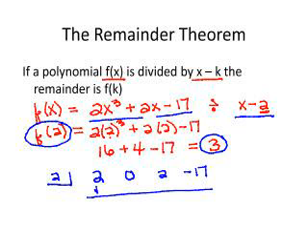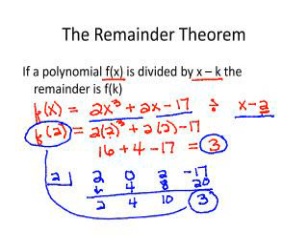So we drop down here. 2 times 2 is 4. Add, we get 4. 2 times 4 is 8. Add, we get 10. 2 times 10 is 20. Add to negative 17, and we get 3. So our polynomial was divided by this, and it says the remainder is equal to f of k, and our k was 2.